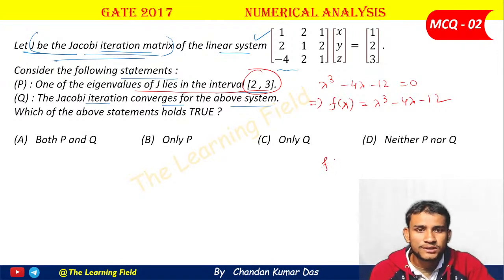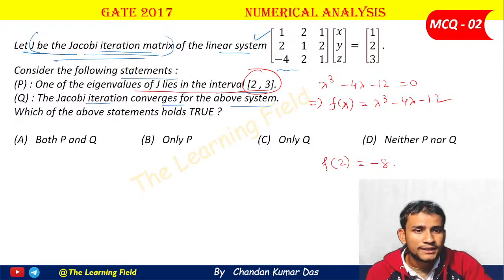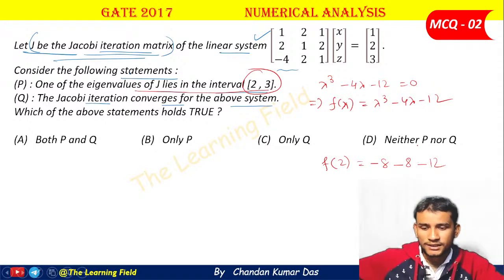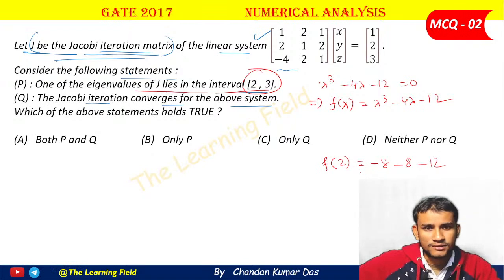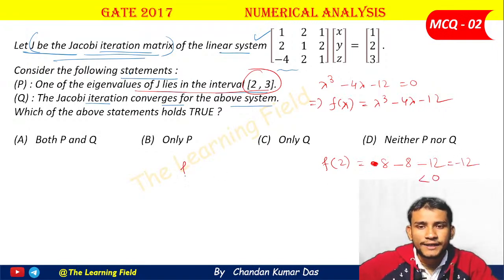If we write f of lambda equal to lambda cube minus 4 lambda minus 12, then we check the two values. f of 2 equals 8 minus 8 minus 12, sorry, this is 8. So this is equal to minus 12, which is less than 0, and f of 3 equals 27 minus 12 minus 12, which is equal to 3, that is greater than 0.